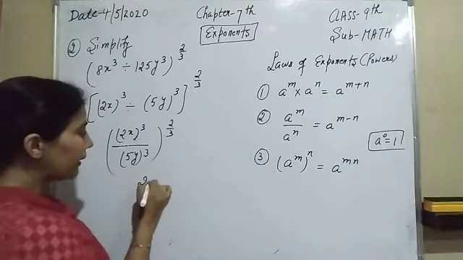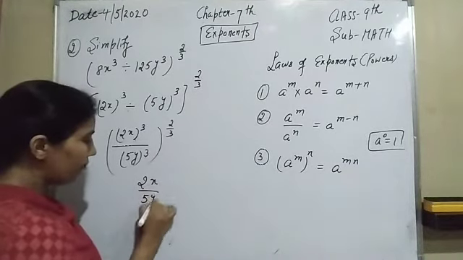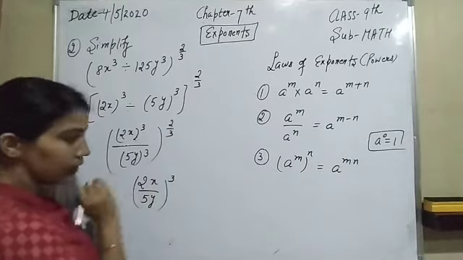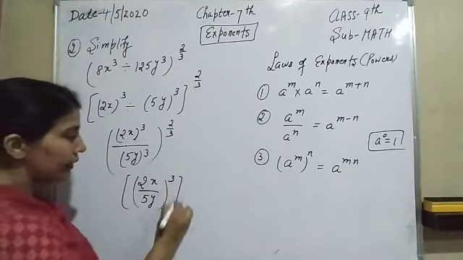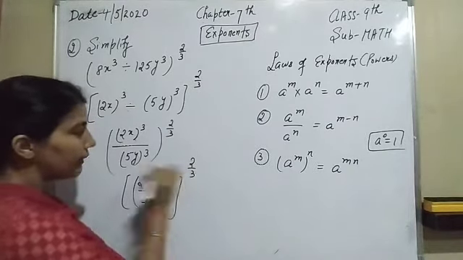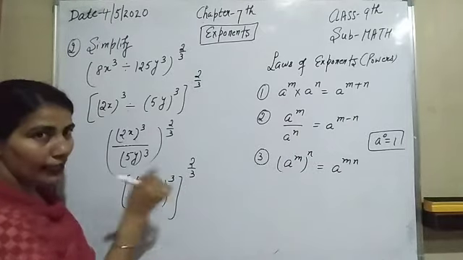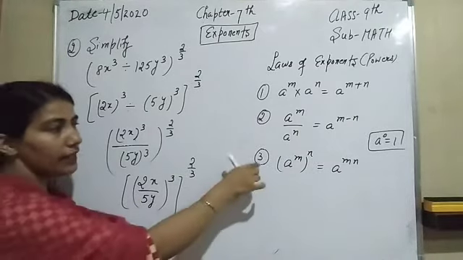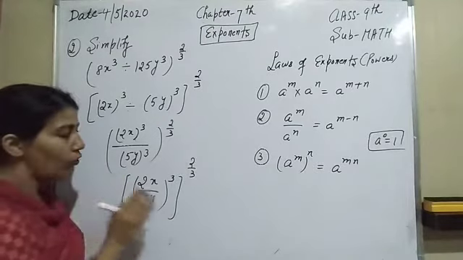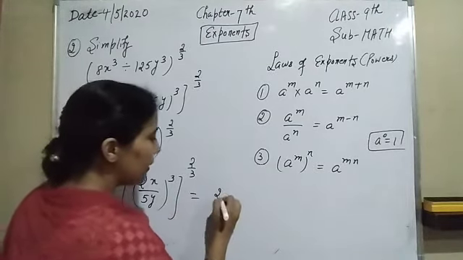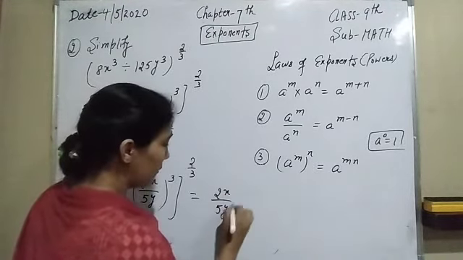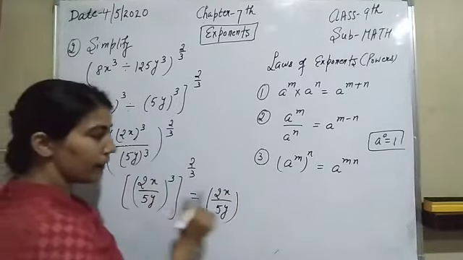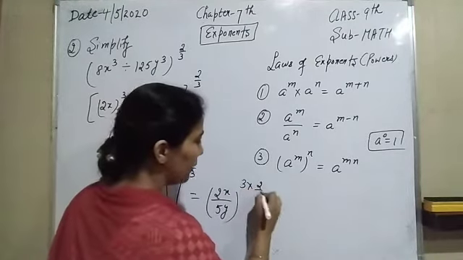So it can be written as 2x over 5y whole raised to power 3, and its whole power is 2 by 3. Now power of power can be multiplied with each other by the third law of exponents. So it can be written as 2x over 5y raised to power 3 multiply 2 by 3.